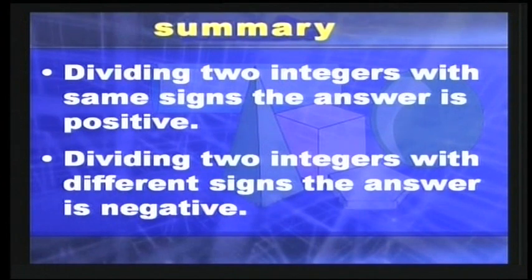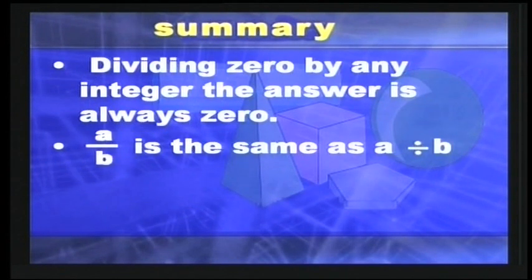First summary point, can I ask 7Es to read this loud and clear from the screen together? Dividing two integers with same signs, the answer is positive. Second point. Dividing two integers with different signs, the answer is negative. Third point.